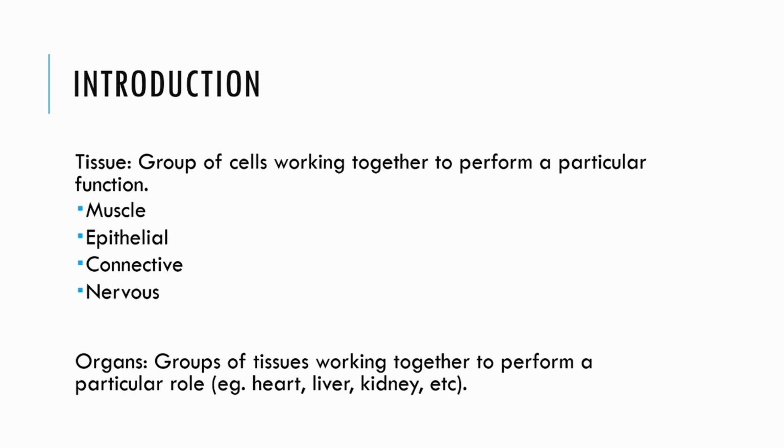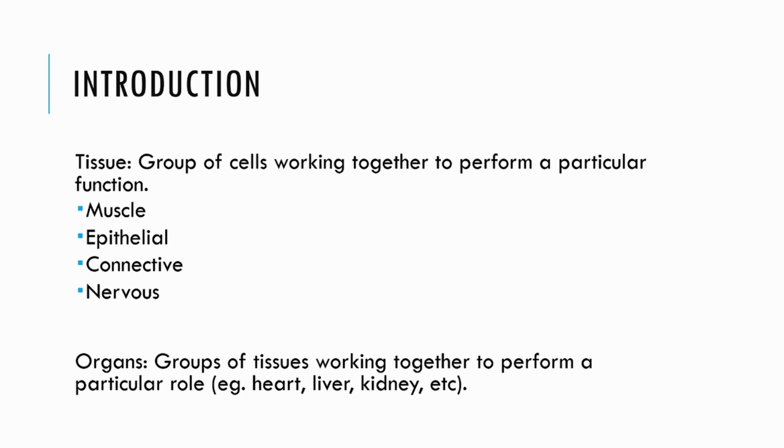Organs are a level above tissues. So an organ is a group of tissues, so different tissues that are working together to fill some particular role. So if we look at something like the liver, that would be an organ. The liver is going to have connective tissues throughout, epithelial tissues, nervous tissues, muscle tissues, all working together to perform its main function of a liver.